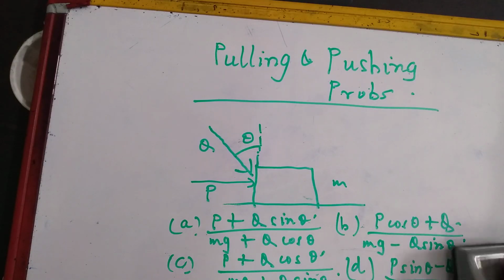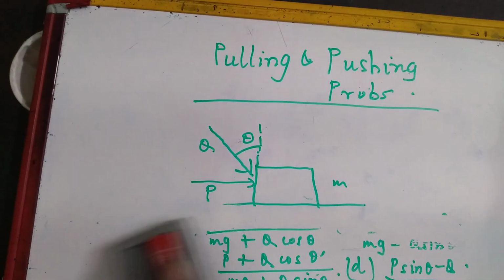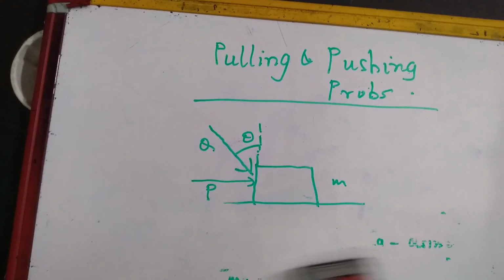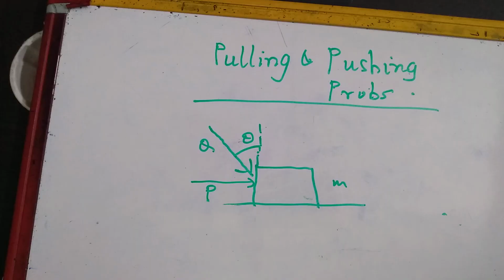So I am rubbing this part. If you can recall lectures 1 to 4, particularly lecture 3 and 4, which involved pulling and pushing, it has already been mentioned, and it must have been clear that the limiting friction that the surface can apply will not exceed the horizontal pushing force.